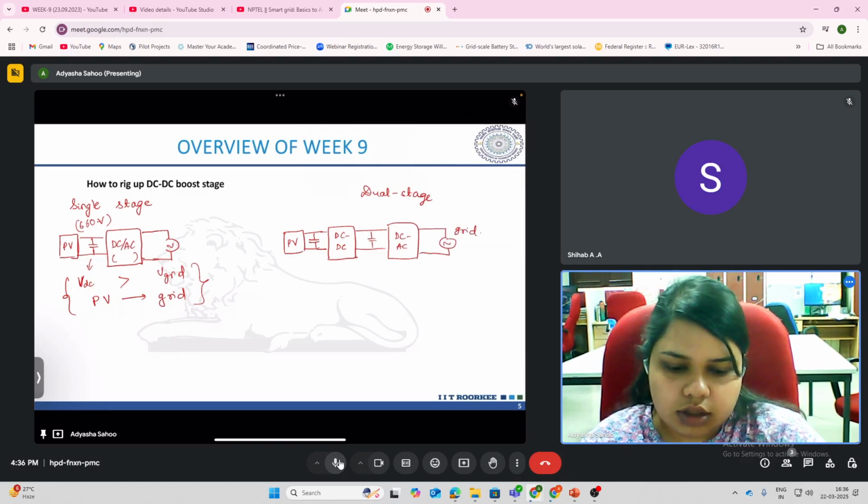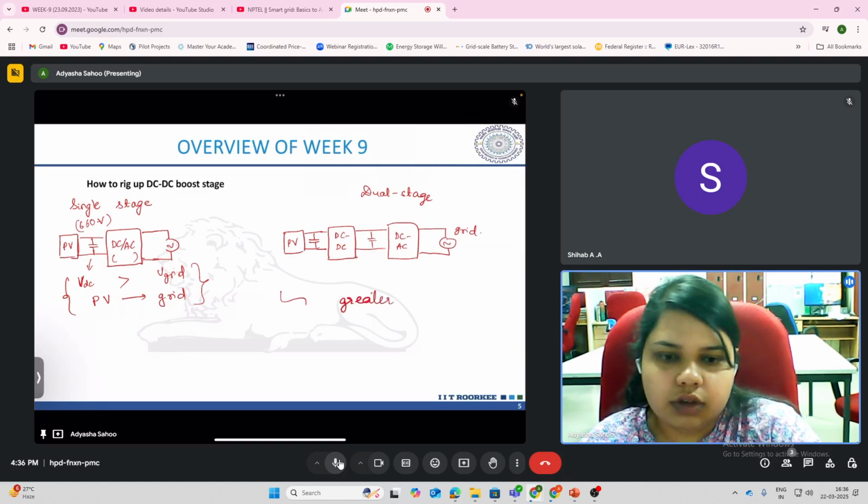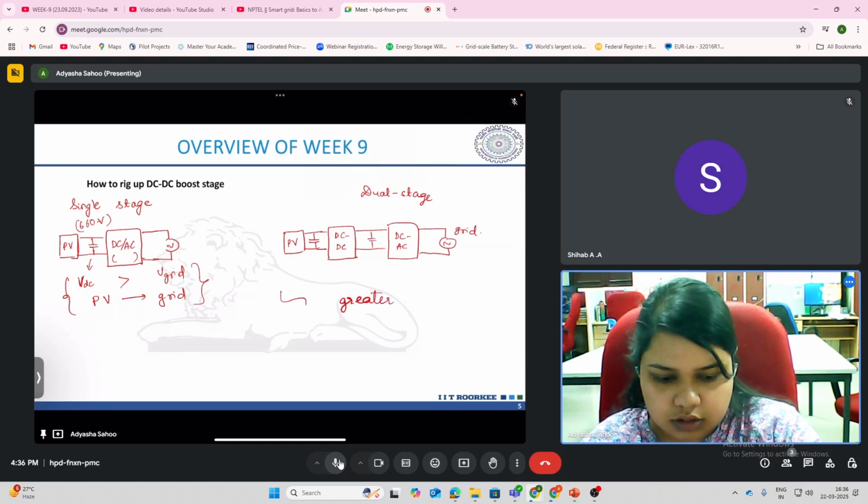So in the two-stage conversion, we have greater losses here because we are converting the power in two stages, due to dual stage conversion.